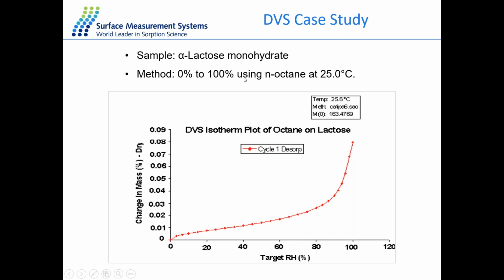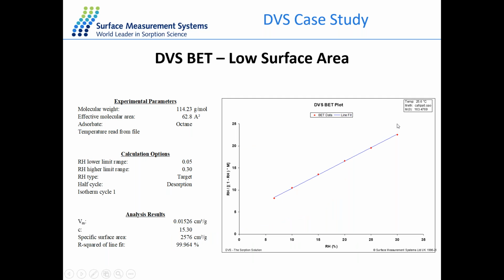So here's a case study with a lactose monohydrate sample, where we did the octane sorption at 25 degrees from 0 to 100% RH with 5% intervals. Here's the sorption isotherm of octane. It's a very typical type 2 isotherm, and we have quite a lot of points within the BET range, so we only use the points between 0.05 and 0.35 to calculate the BET. With the BET equation from the previous slides, we convert this octane isotherm into the BET plot here.